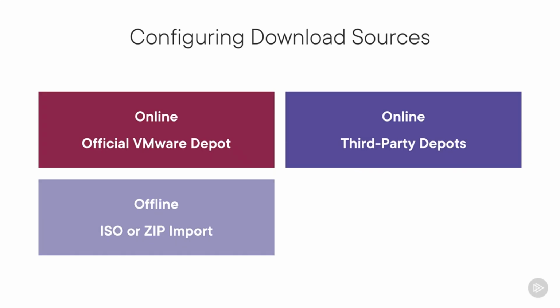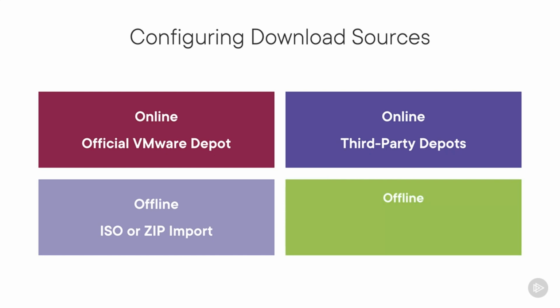And then finally, the last download source that you need to be aware of, it's another offline option, and it's called the VMware Update Manager Download Service, also known as UMDS. So again, like our other offline option, let's say that you don't have your vSphere infrastructure connected to the internet for some very highly secure reason.